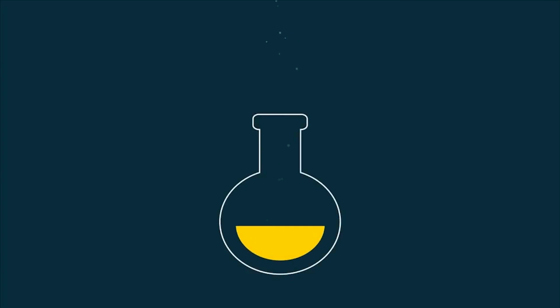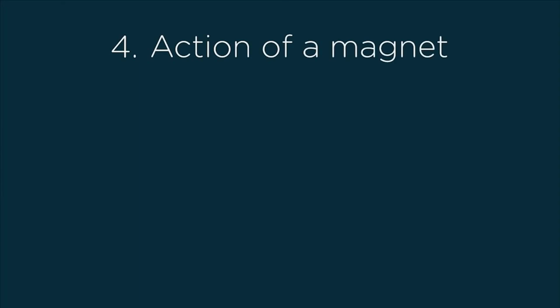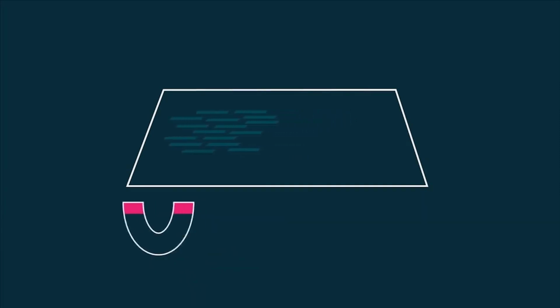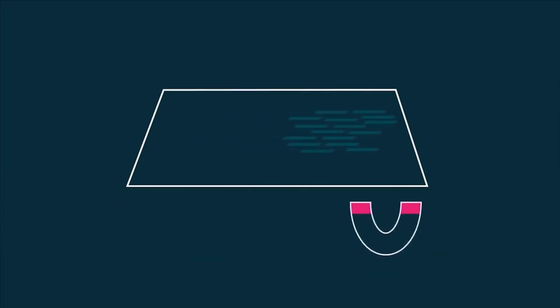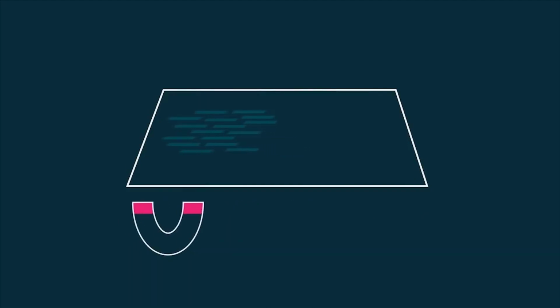When we repeat this process with sulfur and hydrochloric acid, there's no visible reaction at all. Test 4. The action of a magnet. If iron is sprinkled onto a sheet of paper and the magnet is moved underneath the paper, you will see the iron filings follow the magnet as they are attracted to it.